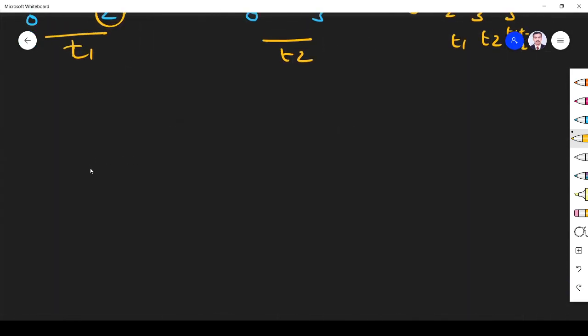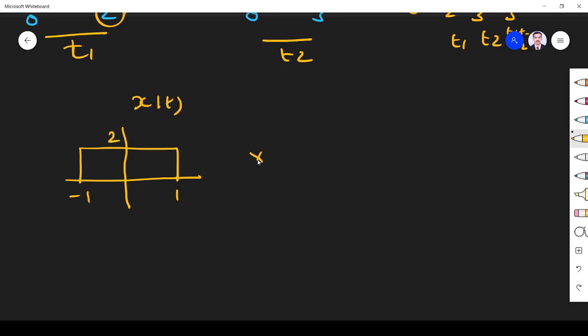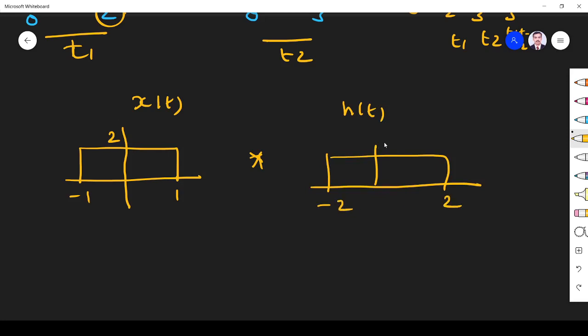Suppose I give one more example. x of t is like this, from minus 1 to plus 1. This is our x of t, with amplitude 2. Convolve with h of t from minus 2 to plus 2, with amplitude 3.